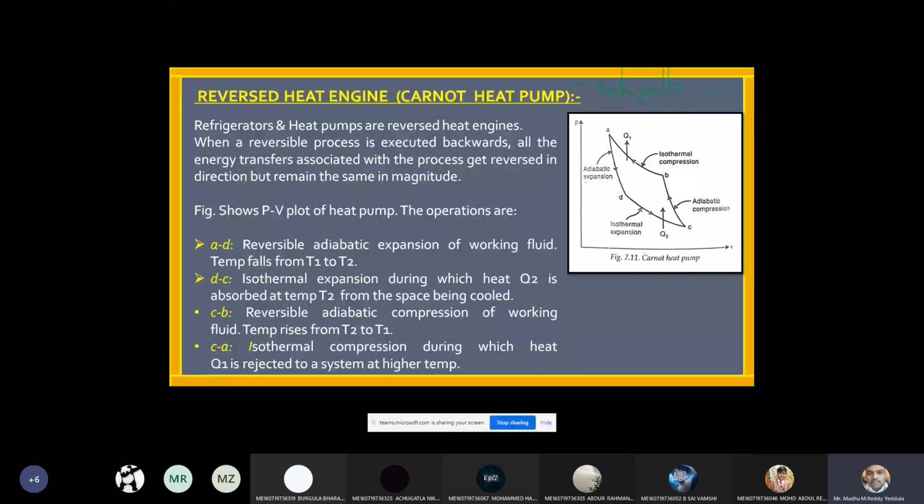Here now this is the adiabatic expansion, isothermal expansion, then adiabatic compression, isothermal compression. Earlier this was the isothermal expansion, this the adiabatic expansion, and isothermal compression, adiabatic compression. Now this is reversed.